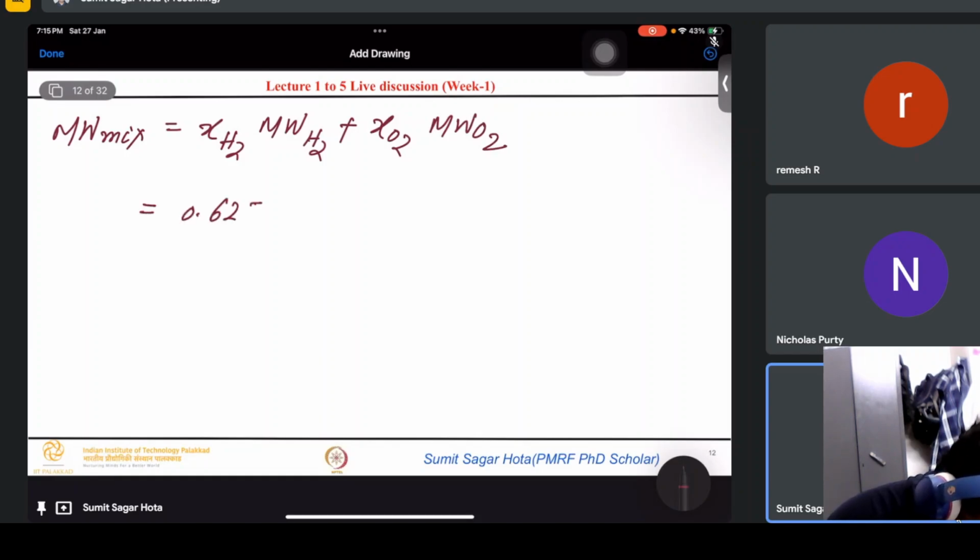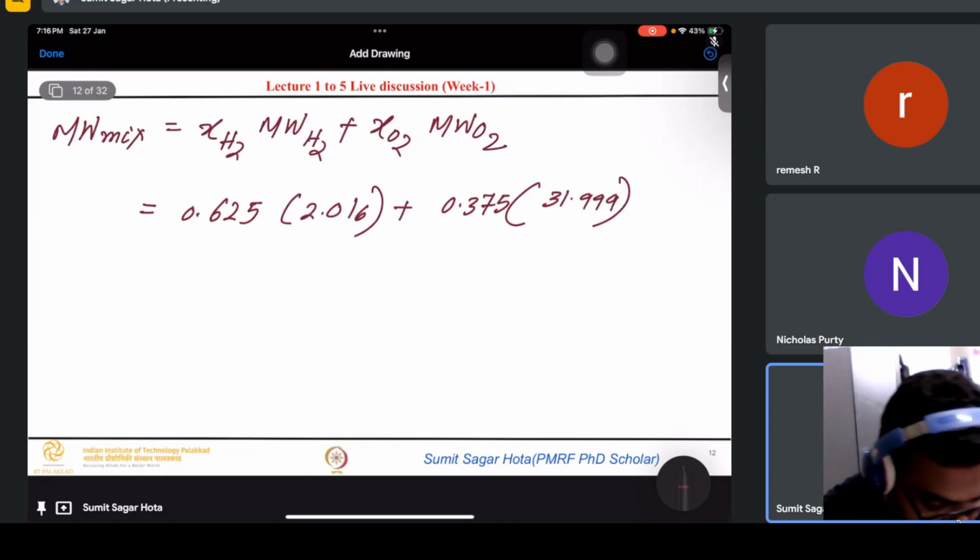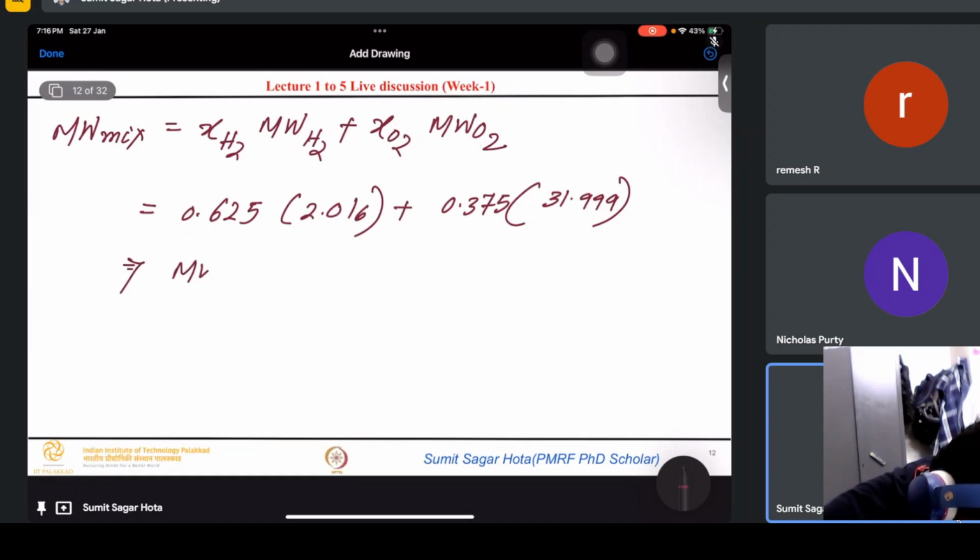Substitute all these values, and we get the molecular weight.